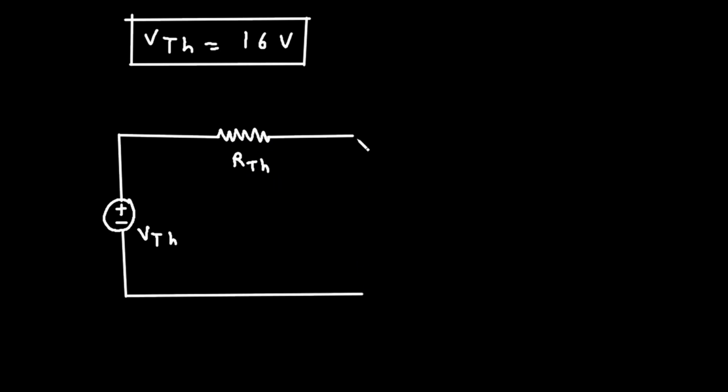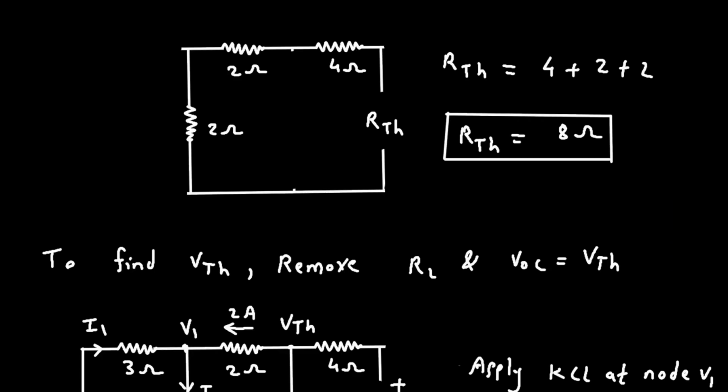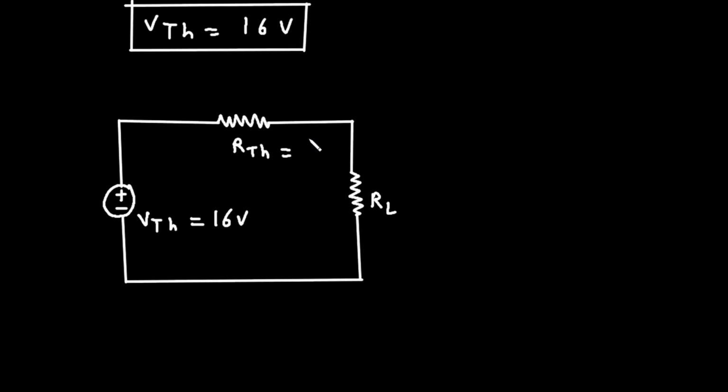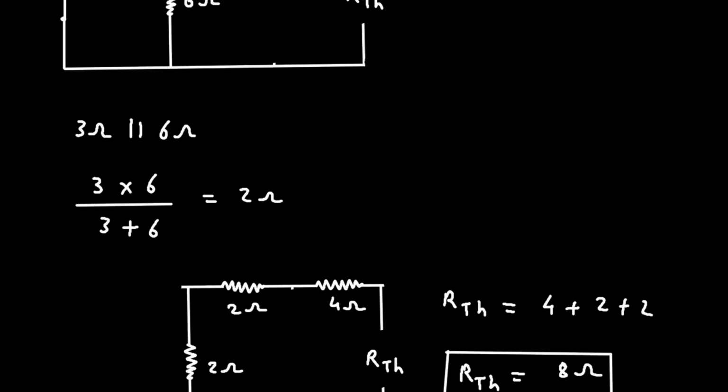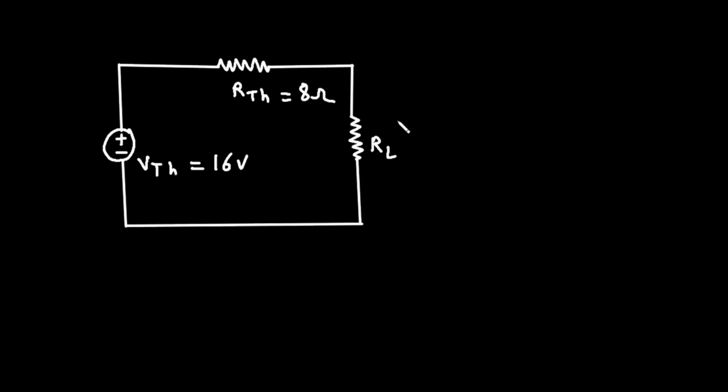And this is load resistor RL. The value of VTH is 16 volt. The value of RTH is 8 ohm. And the value of RL is also 8 ohm. RL is equal to 8 ohm.